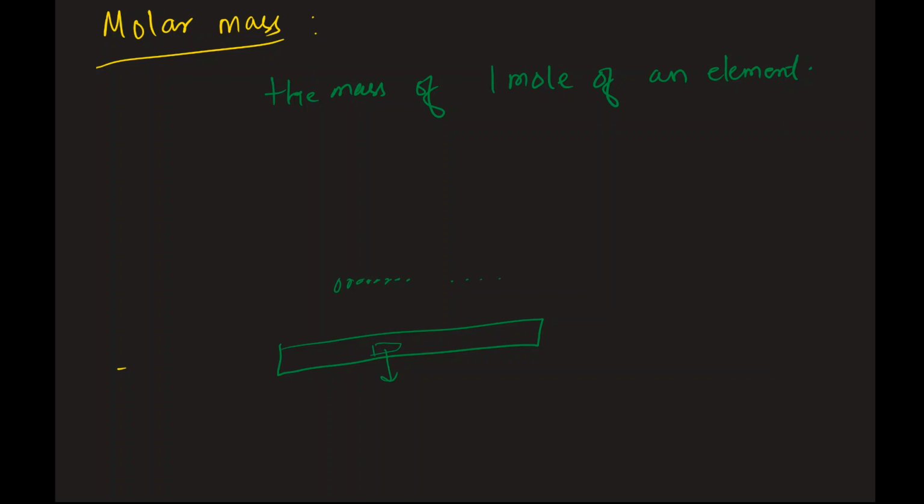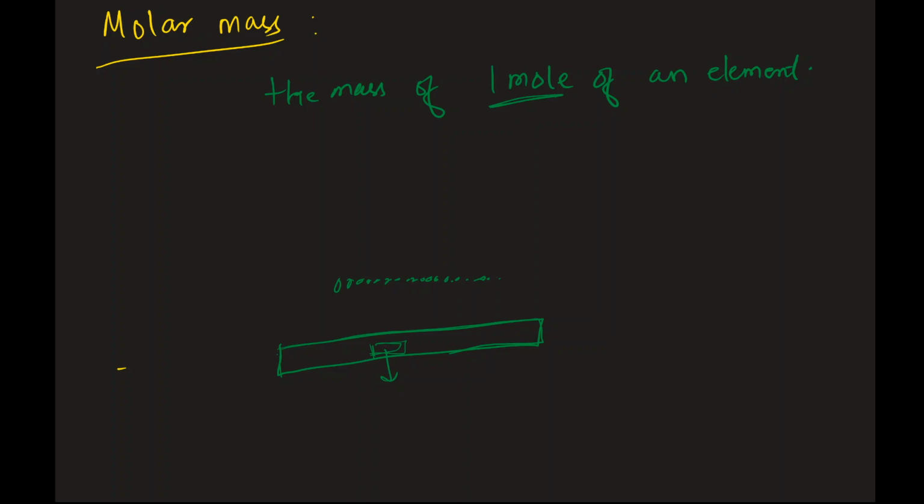So if I line up all of my atoms, 6.02 times 10 to the power 23, which is 1 mole, put them in a weighing balance and measure the weight, whatever number pops up in that display is going to be my molar mass.